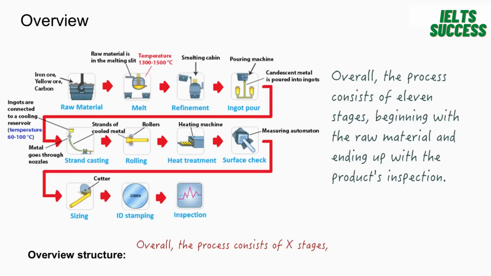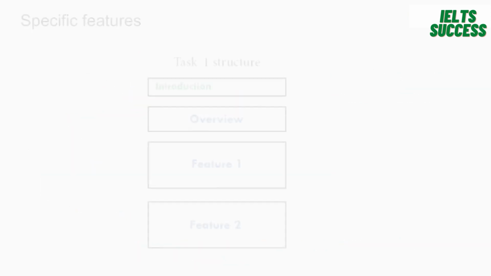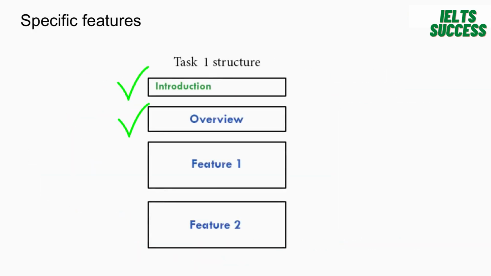Overall, the process consists of X stages, beginning with something and ending up with something. Well, that's all with our overview, and we move on to the next paragraph. Once we have finished the overview, we should provide specific features in our next few paragraphs.